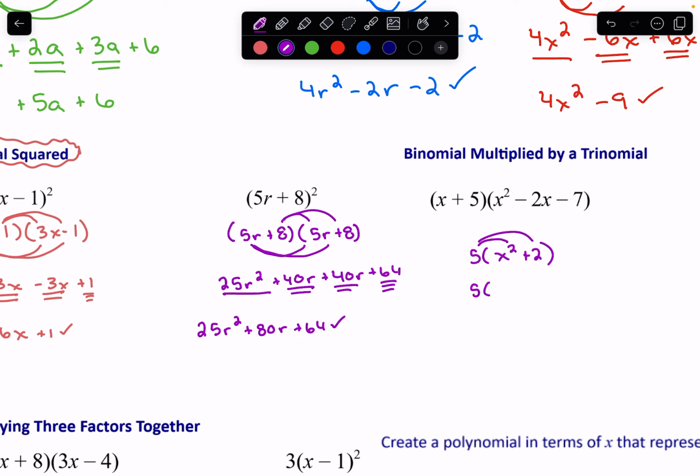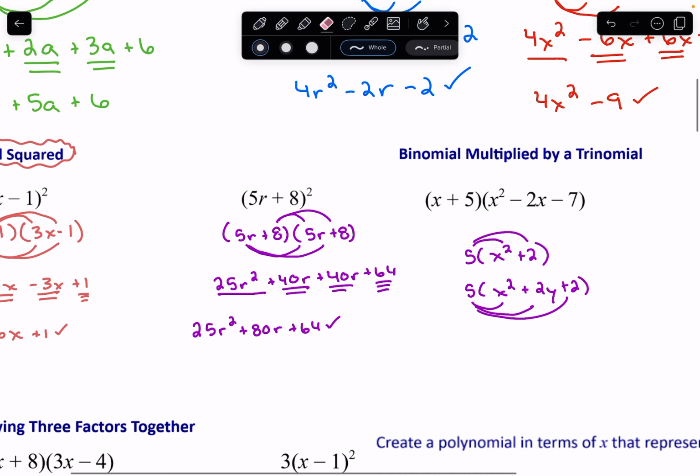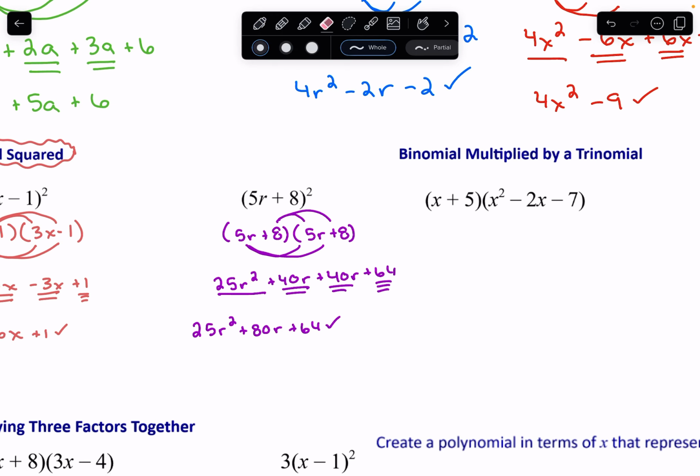If you put a 5 in front of x squared plus 2y plus 2, you would multiply the 5 by everything in the parenthesis. We're doing the same thing. Just because one of them has 3 terms this time doesn't make a difference. I still take everything in the first and times it by everything in the second.